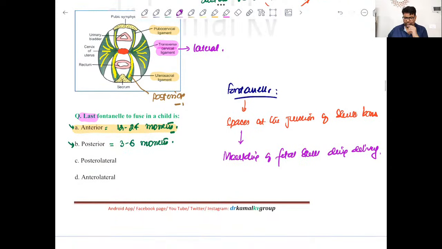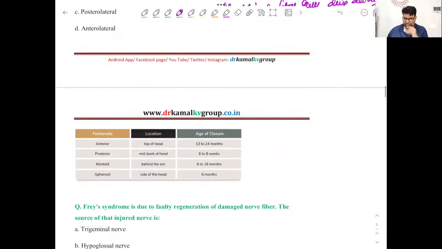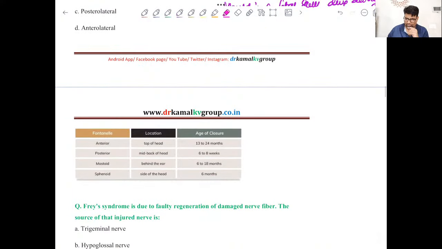And with time these ossify and we don't find the gap as such. So for the anterior fontanelle, just remember 12 to 24, and the posterior fuses by about 6 months. So just these two are important to understand, right?